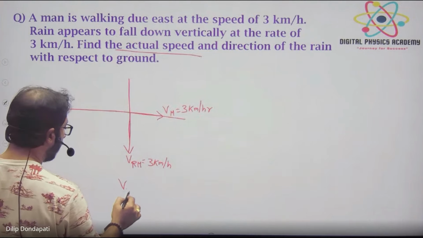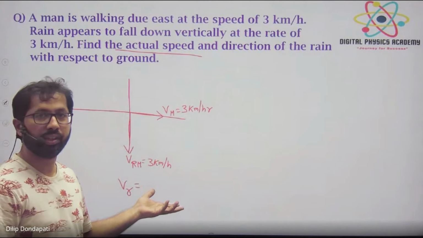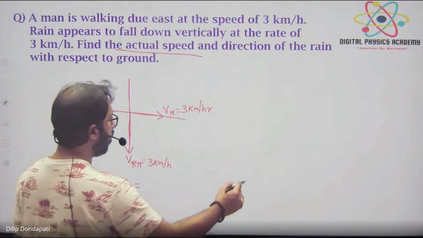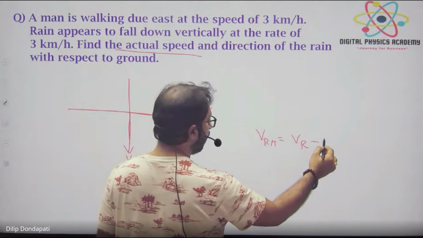Matlab VR chahiye. So can we just use the formula that VRM is equal to VR minus VM? But vectorial, that is subtraction, addition vector कर रहा है. Okay, I told you VRM का formula क्या है? VRM is equal to VR minus VM, right?